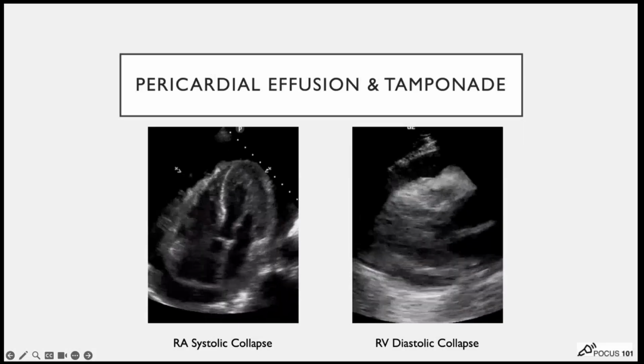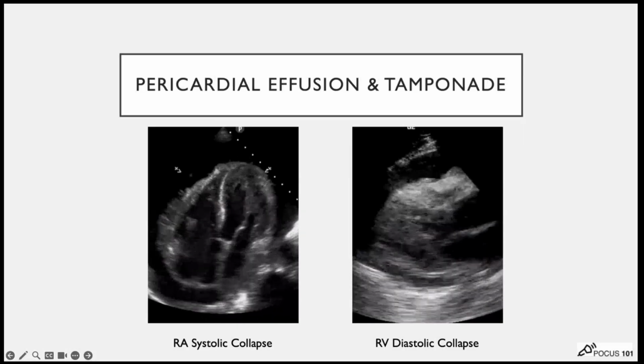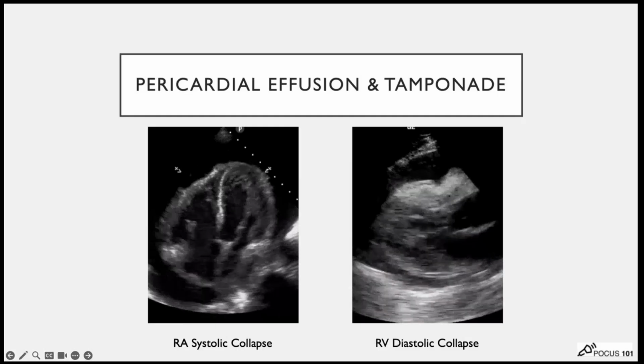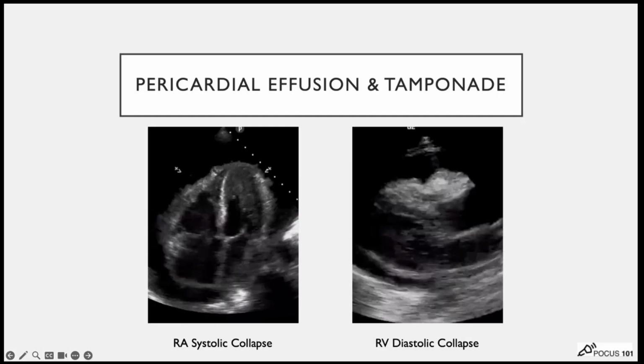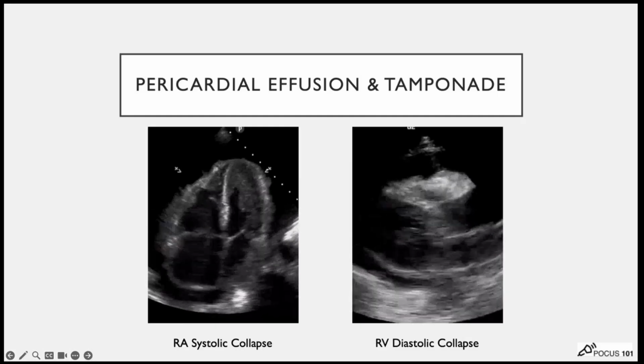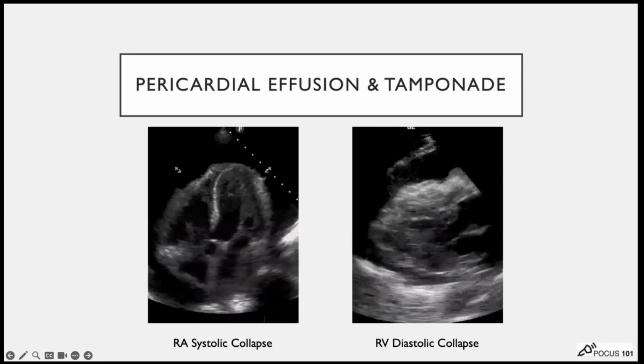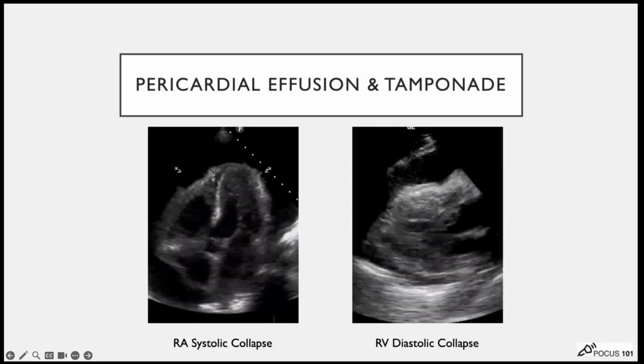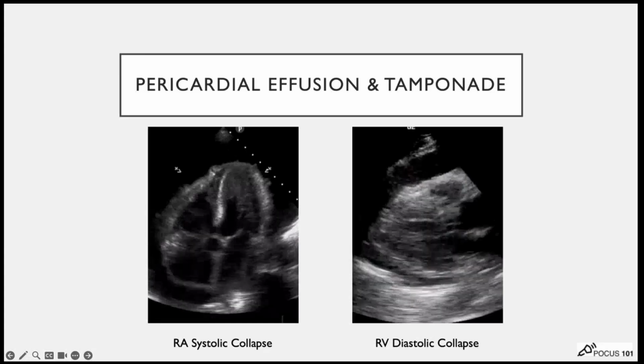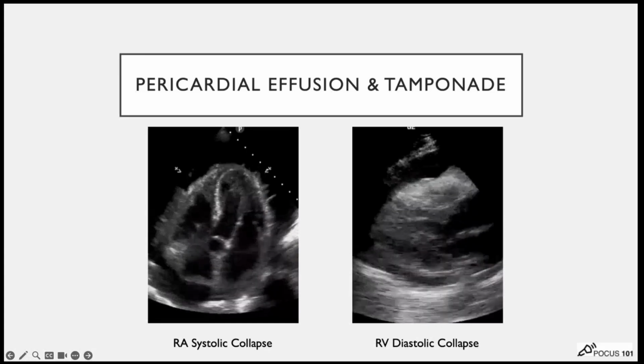Next, we'll be looking to assess if the patient has evidence of a pericardial effusion or tamponade. So here you can see two different views of the heart. There are different signs that we look for to assess whether or not the patient has evidence of cardiac tamponade.